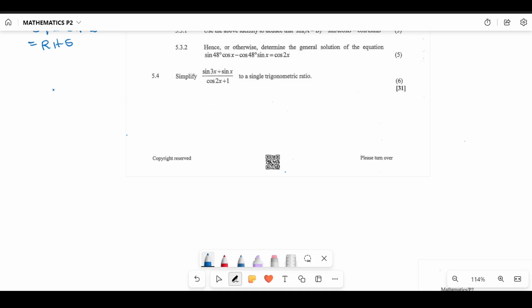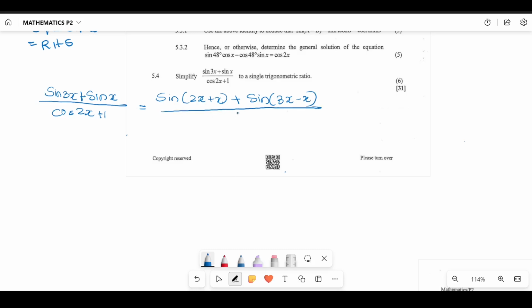Okay, so we take the expression (sin 3x plus sin x) divided by (cos 2x plus 1), which can be written as, looking at the 3x and x, you can change the numerator to sin(2x plus x) plus sin(2x minus x), the whole divided by cos 2x plus 1, which is equal to, now we are going to expand this using the compound angle formula.